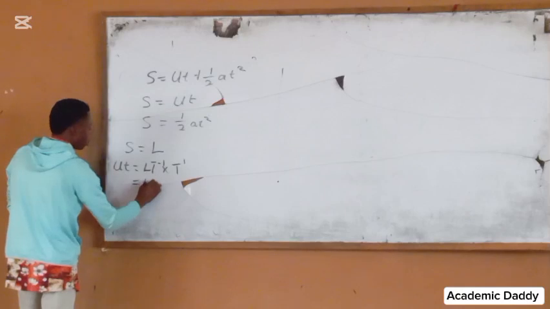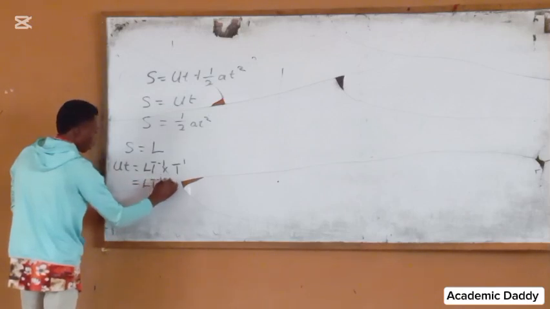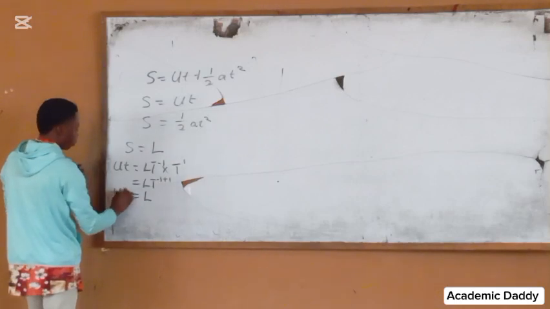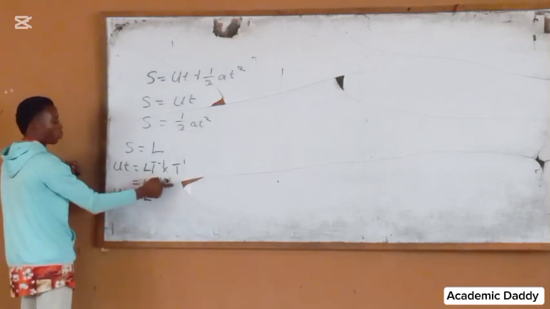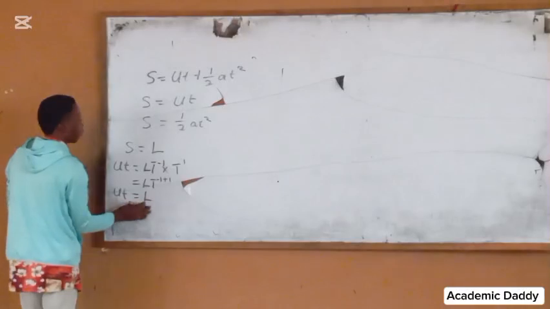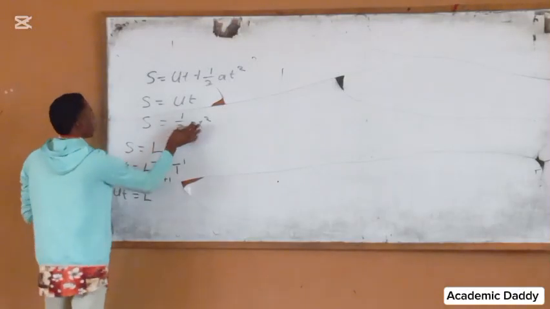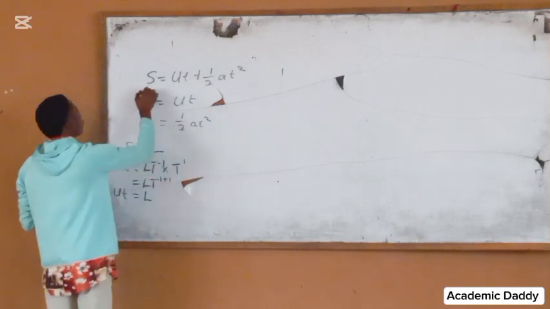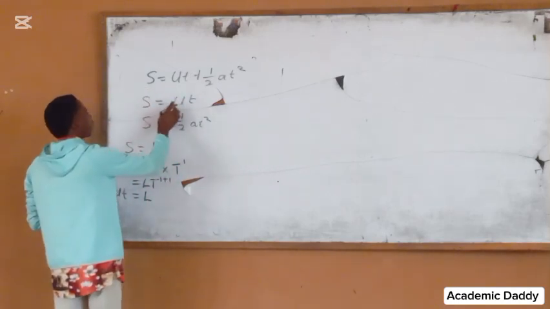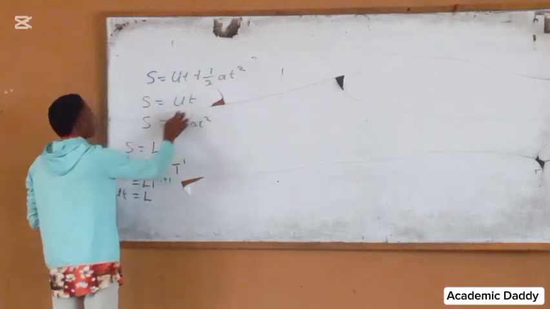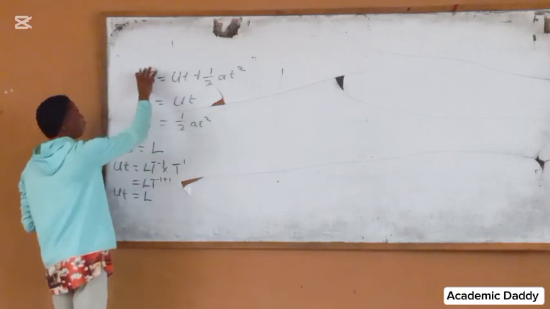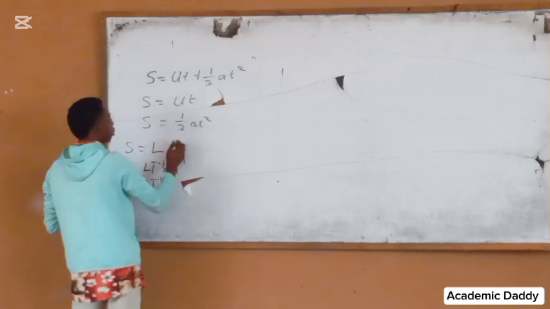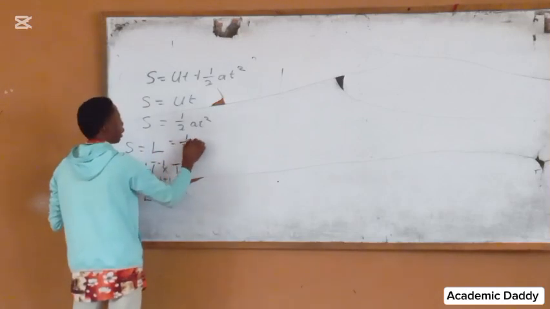The dimension of velocity is L T to the minus 1, times T, so we have L T to the minus 1 plus 1, and that's L. The next one will take half A T squared. Here we have dimension of S as L and dimension of UT as L, so we do the same thing for this one.